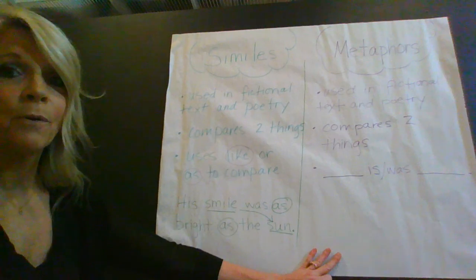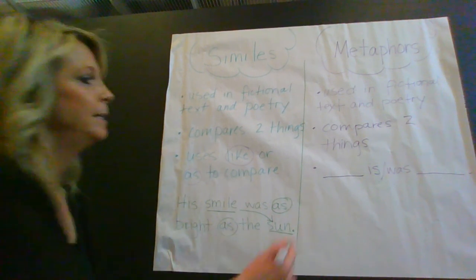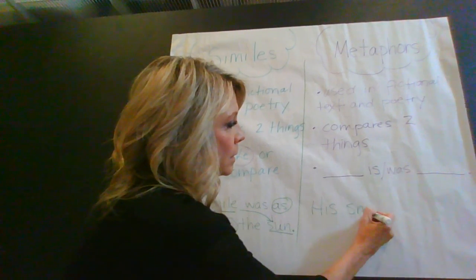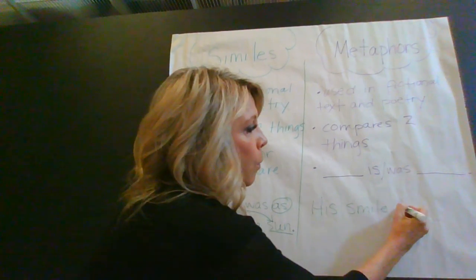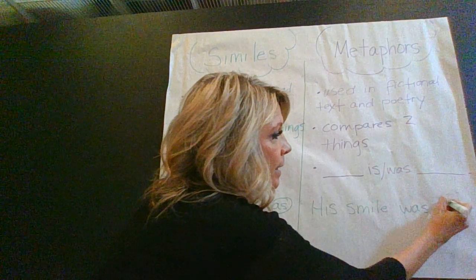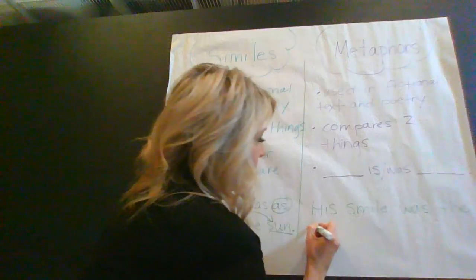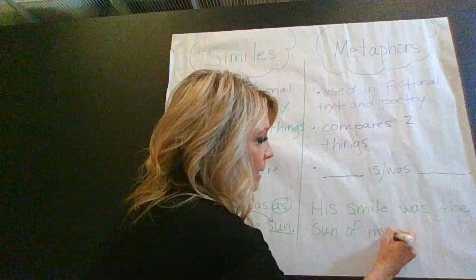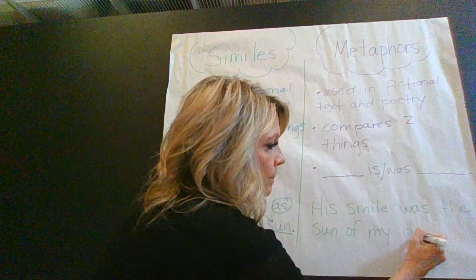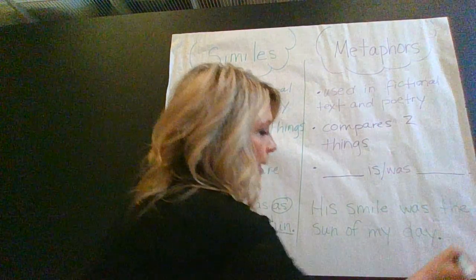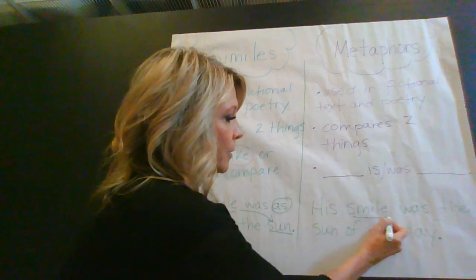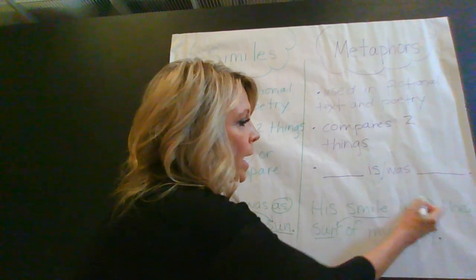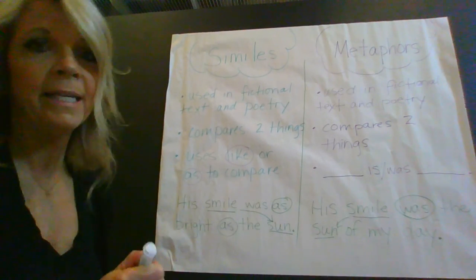Now, for a metaphor over here, we would say something like, his smile was the sun of my day. And here we're comparing his smile still to the sun, but instead we're saying it was the sun of my day.